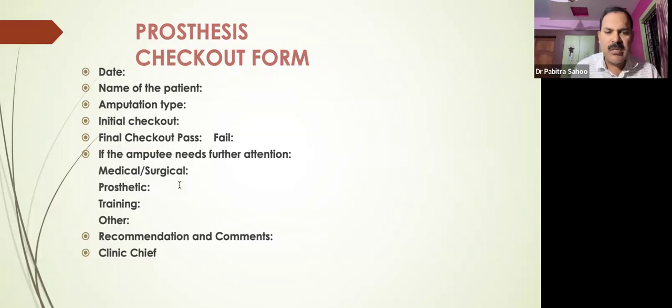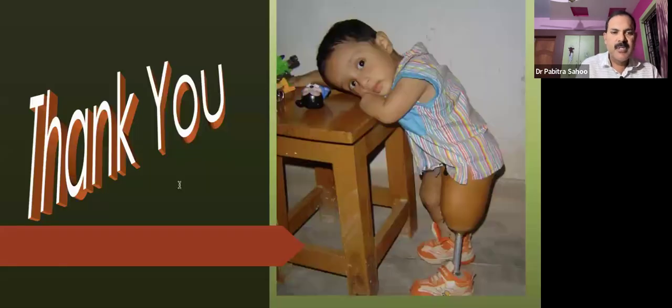That is done at the final checkout. And finally, before signature, we have to see that everything prescribed is there in that prosthesis, and the patient is working with a near normal gait. So this is all about the checkout and gait deviations in transfemoral prosthesis.